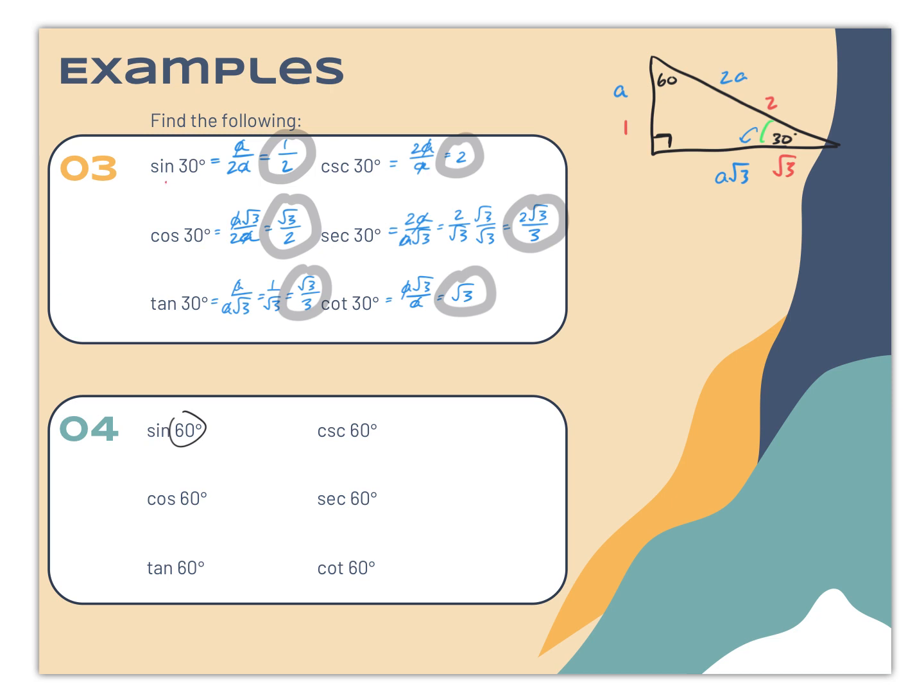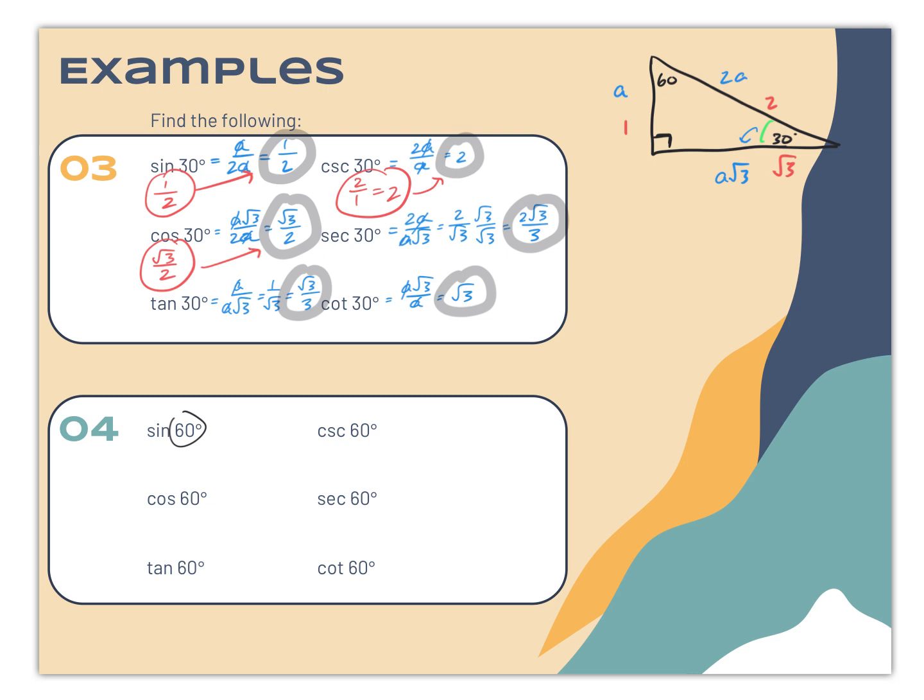Okay, so this is opposite over hypotenuse. Notice I got the same one without having to cancel out the letters. My cosecant is going to be 2 over 1 or 2. Again, same answer, okay? My cosine is adjacent over hypotenuse, so it's going to be radical 3 over 2. Done. I don't have to simplify to get to it.